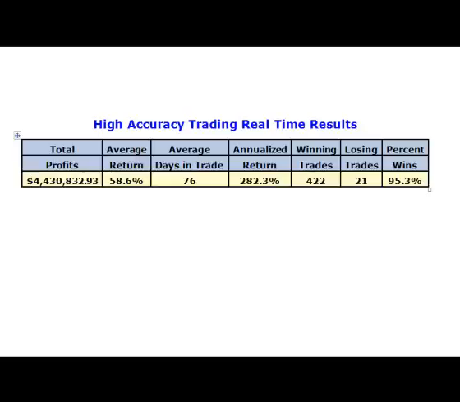Now, there was a total of 422 winning trades and 21 losing trades, resulting in 95% accuracy. So these real-time results demonstrate that it is possible to achieve consistent returns regardless of market conditions.